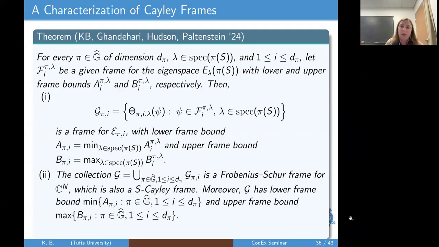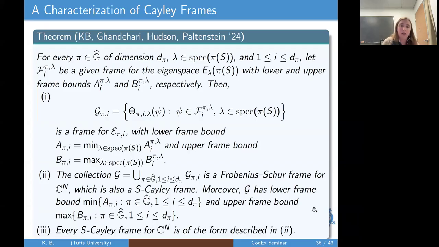Then if we union over all of our irreducible representations and our indices of our degree, we end up with a Frobenius-Schur frame, which is also an S-Cayley frame. And we're able to describe our upper and lower frame bounds.